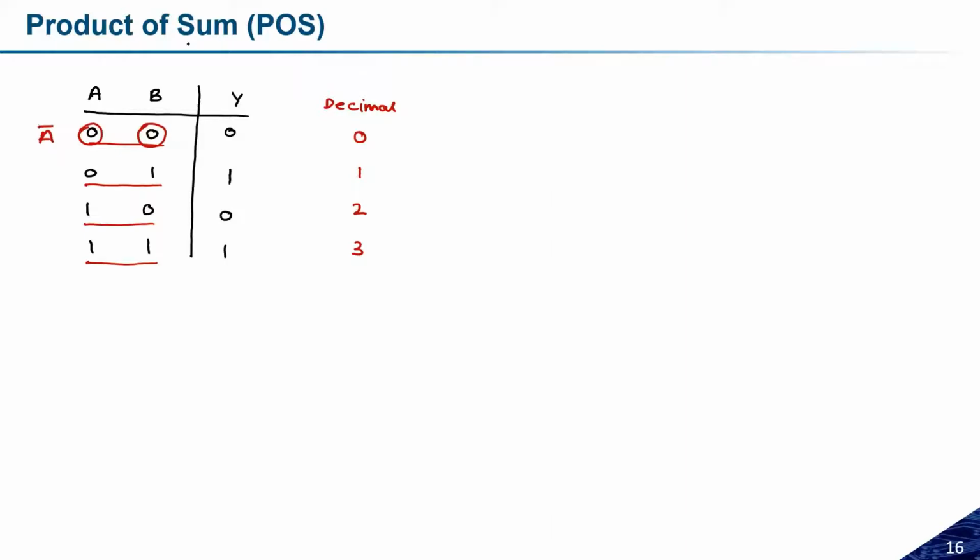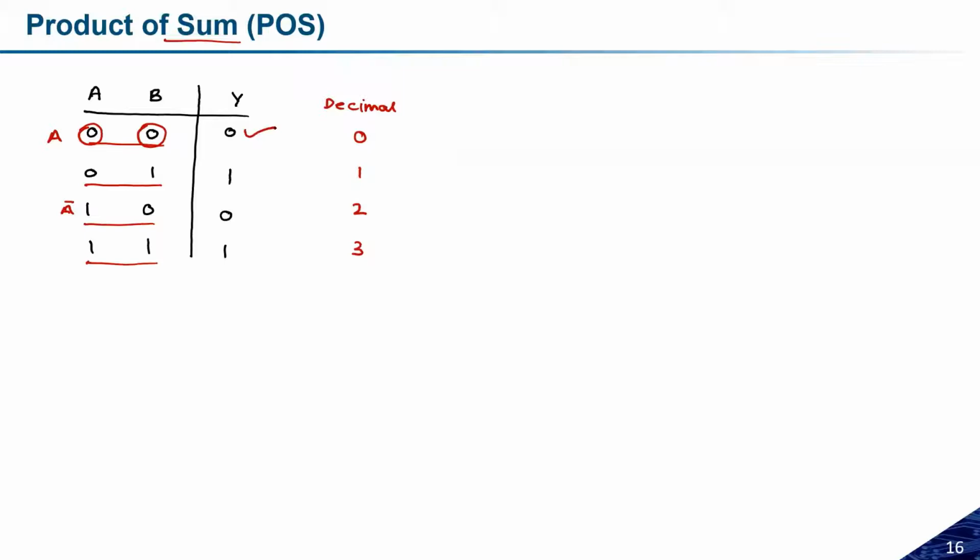But if I'm talking about the POS form, I need to write it like this: if 0, then I have to write A, and if 1, I have to write A complement. This is the first thing. The second thing is, only those max terms will be considered where I am getting output logically low, not logically high.